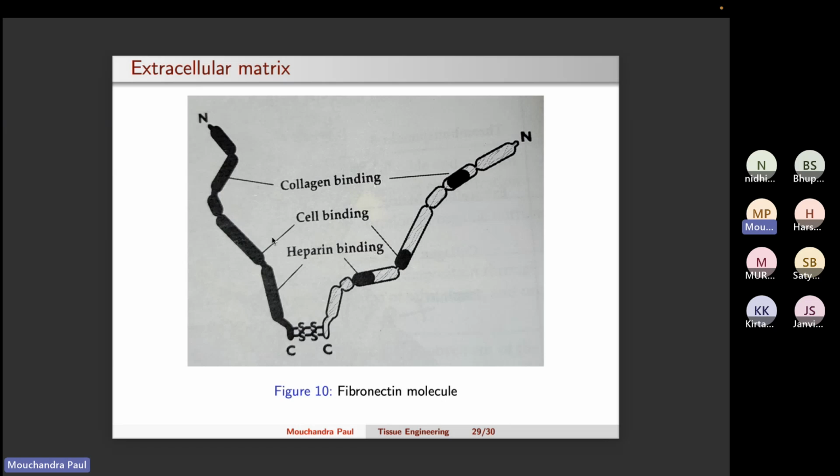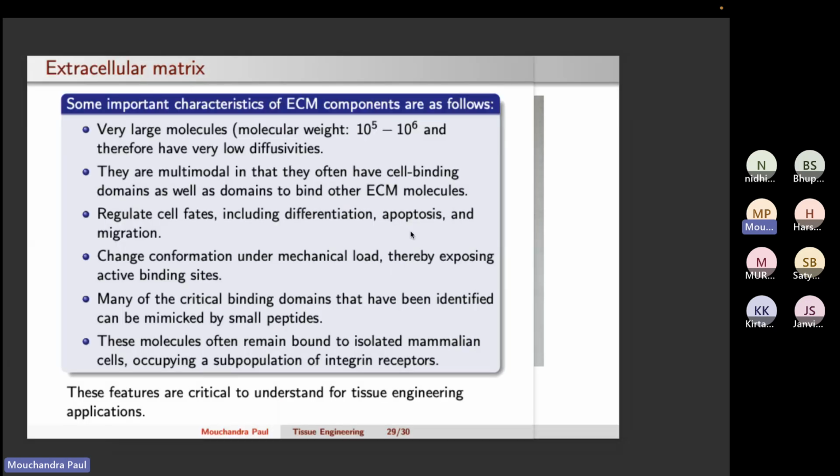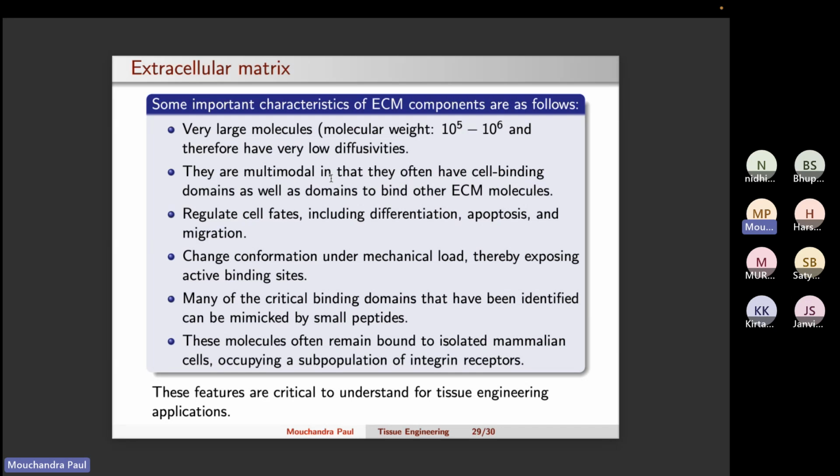That is called multimodal. Through the integrin receptors of the cells, they will interact where there is the cell binding site. This cell binding site is for the integrin molecules present in the cell, whereas the collagen binding sites will interlock with the surrounding collagen fibers and make a matrix. So these are multimodal molecules.